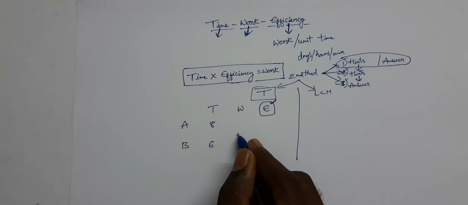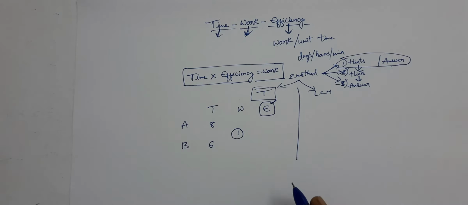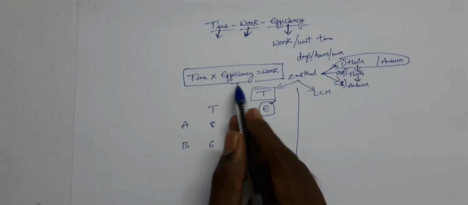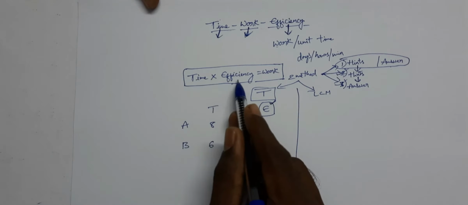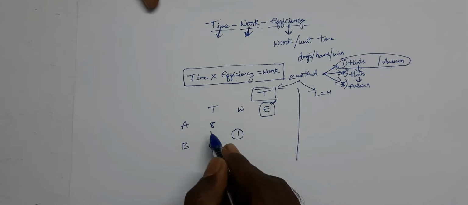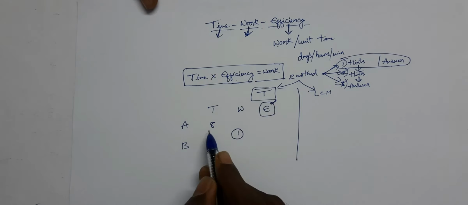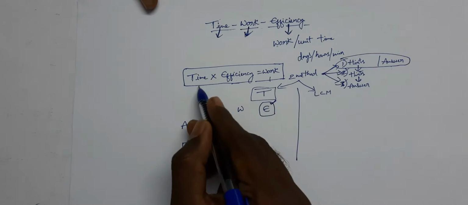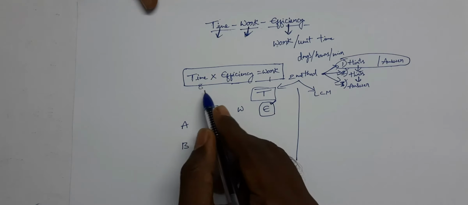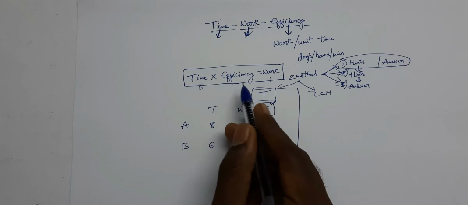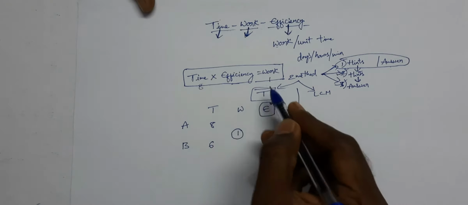in the traditional method we have to take the work as a single unit. We know the only formula to solve this whole chapter is time into efficiency equals to work. To satisfy this formula, the work is 1 and time is 8, so we have to multiply with a number or a fraction to get work as 1.